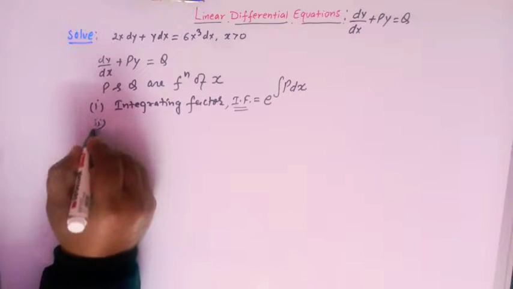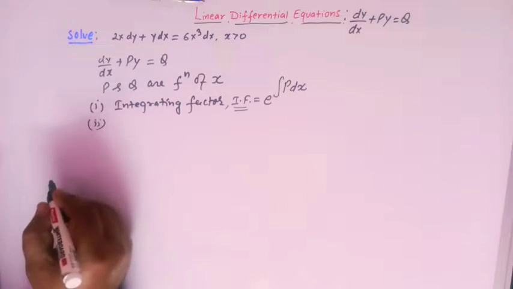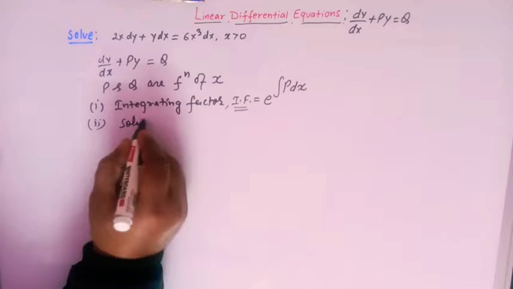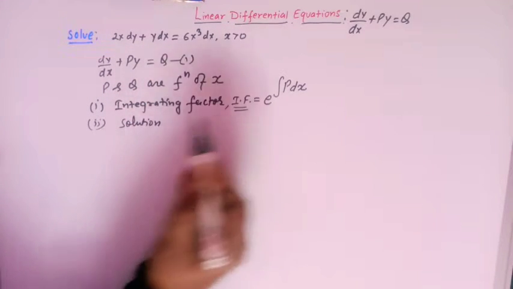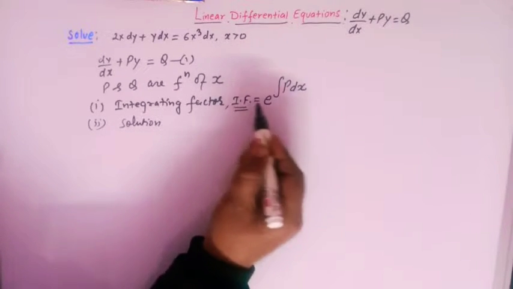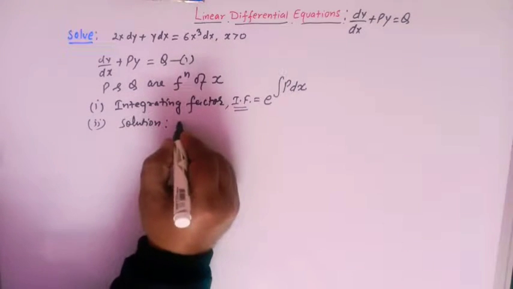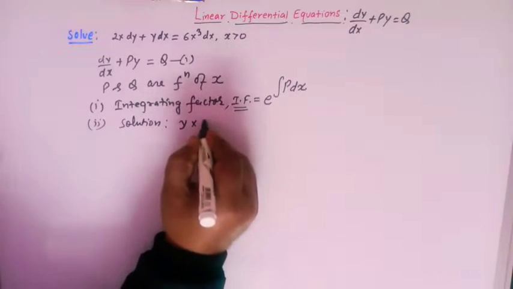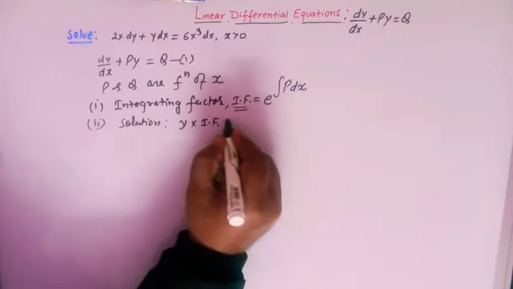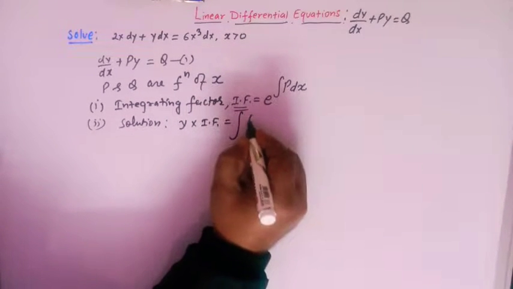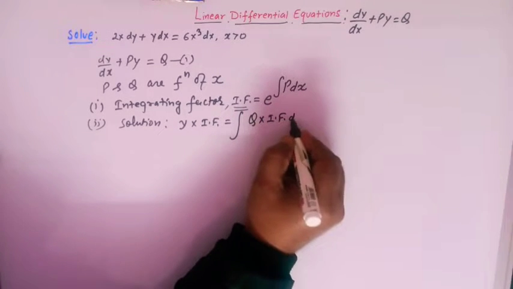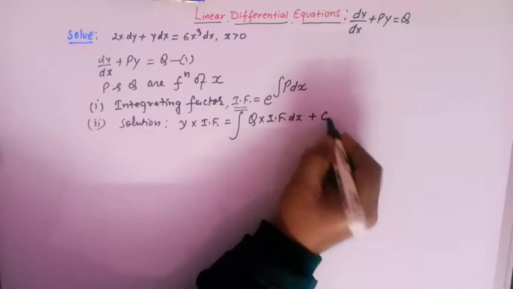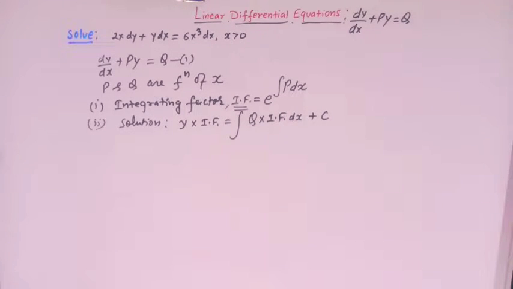And the second step is the solution of this equation. Once we have obtained the integrating factor, the solution is given by y times integrating factor is equal to integral of q times integrating factor plus c, where c is the constant of integration.